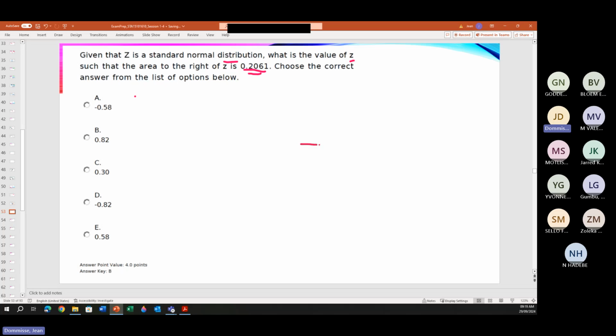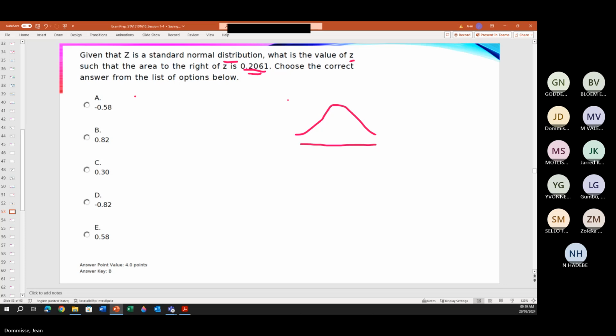Okay, and they say to the right. So then to the right is this area. So if this area is 0.2061, what is that Z value?